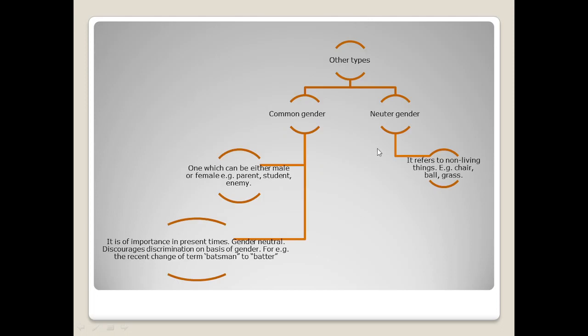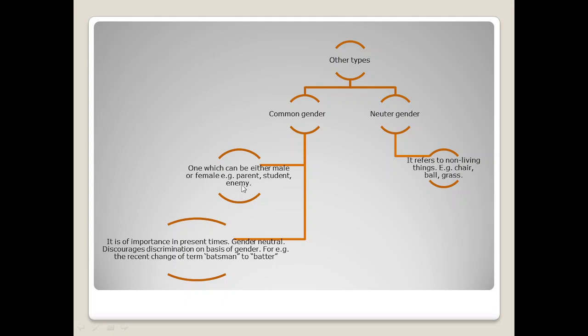So another classification of gender is also there. One is common gender. So I will define it. Common gender refers to a noun which can be either male or female. It can be either of them; we don't know. For example, parent, student, enemy.